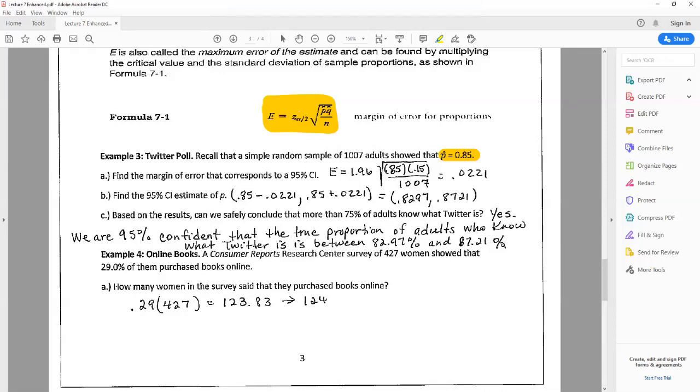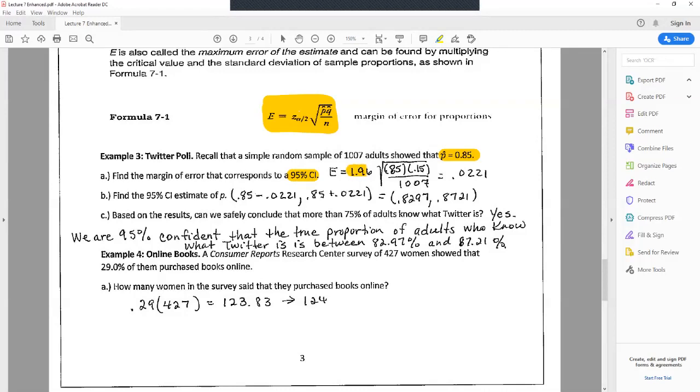We know that 85% is just a statistic. It's an estimate of the parameter. So let's figure out the margin of error involved at the 95% confidence interval. Well, the critical value for a 95% confidence interval is 1.96.